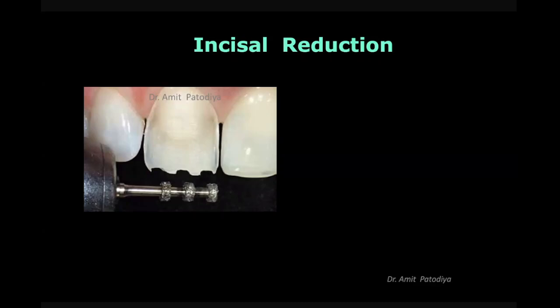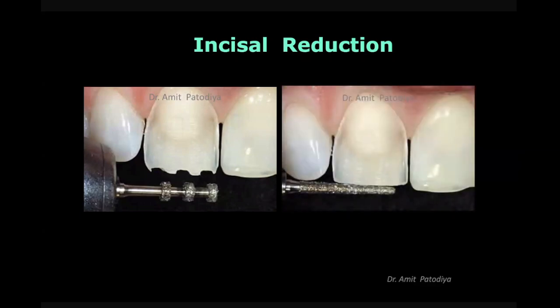Once you have done the labial reduction, next is the incisal reduction. You can use the same depth gauge burrs for the incisal reduction, or you can use your chamfer burr also, whichever you are comfortable with. But if you have good control over the tooth, you can use your chamfer directly.